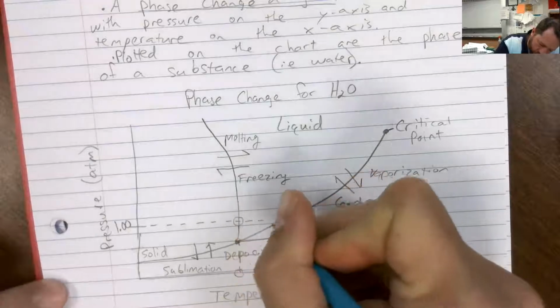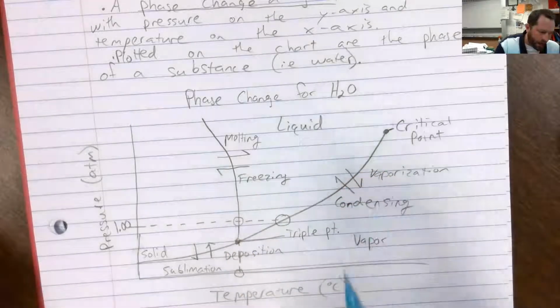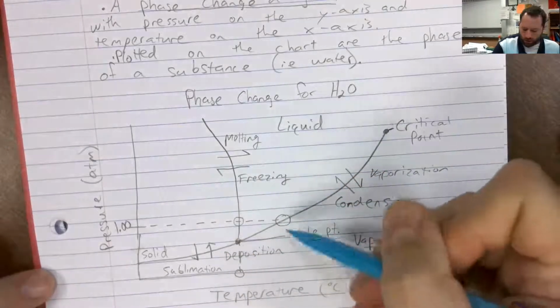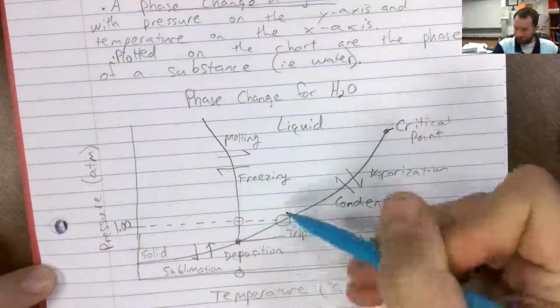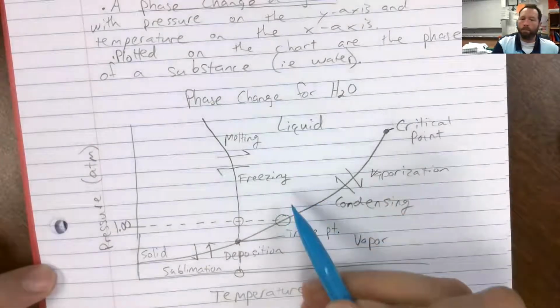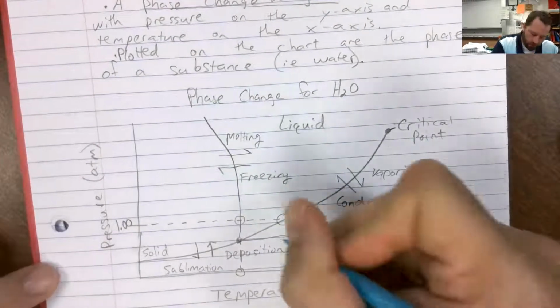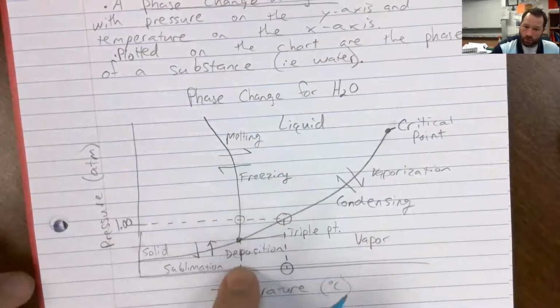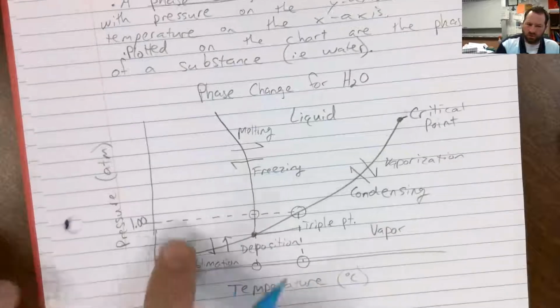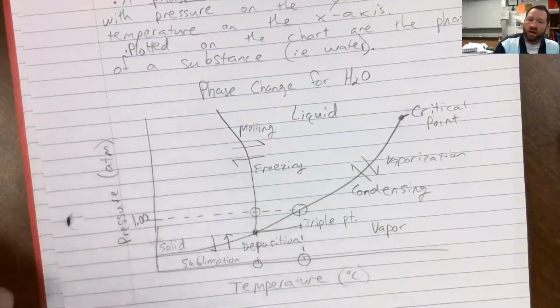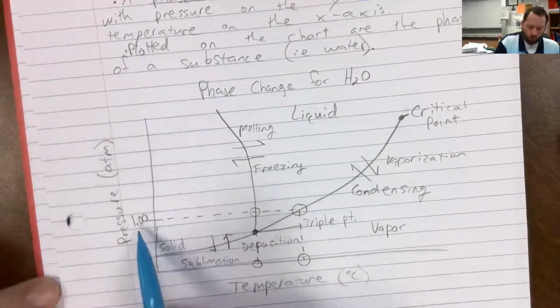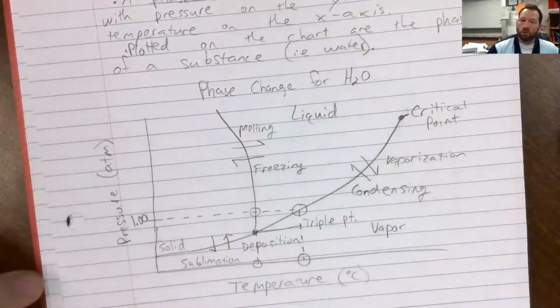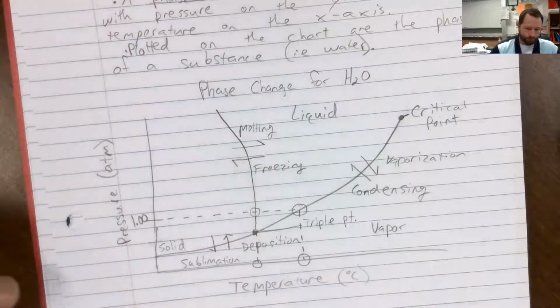Same thing then if you continue this 1 atmosphere to where you hit the line going from liquid to gas, this would be your normal vapor point. So normal melting point, normal vapor point. That normal implies you're working at 1.00 atmosphere, a normal amount of atmospheric pressure.